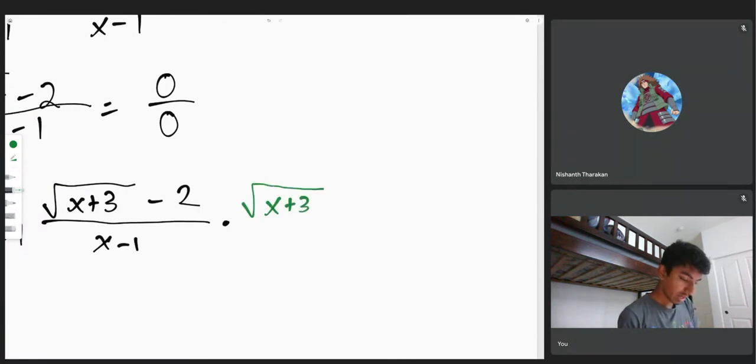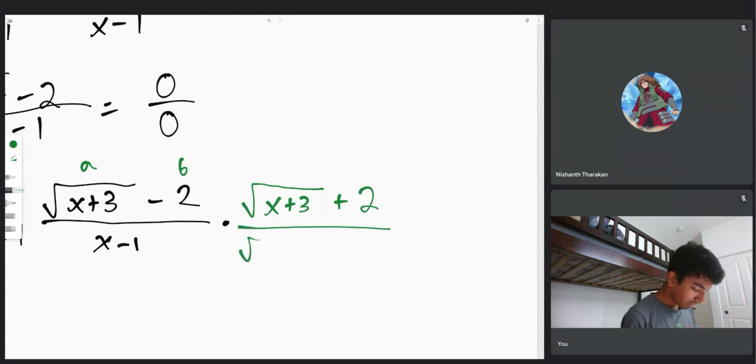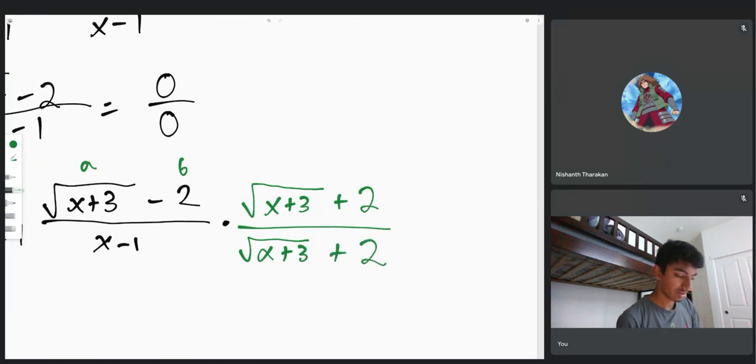Remember, this is a, this is b, so we're going to switch the sign over here. Now it's going to be plus 2, and we'll make the denominator the same. Remember that we're making the numerator and denominator the same, so overall this is just multiplying by 1, meaning we don't actually change anything. But we can use that to manipulate the function a little bit to find the limit, to bypass a few different problems, like the 0 over 0 up here.